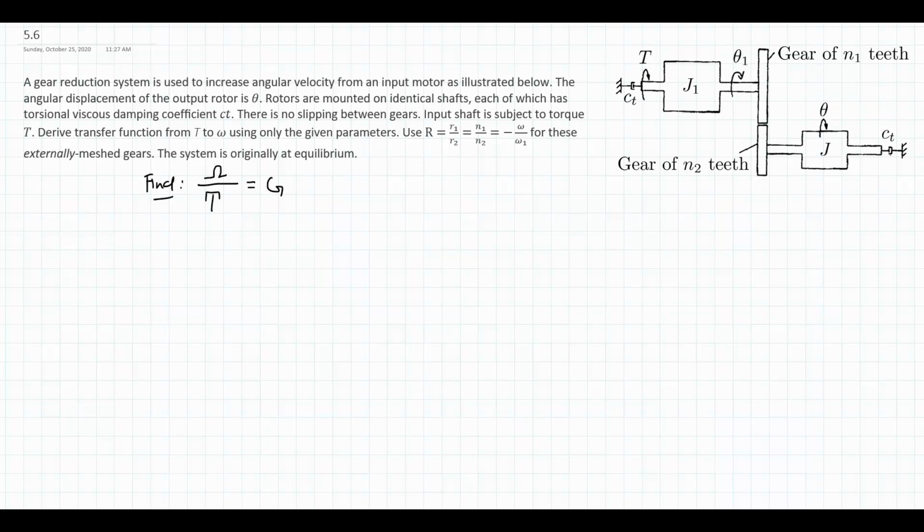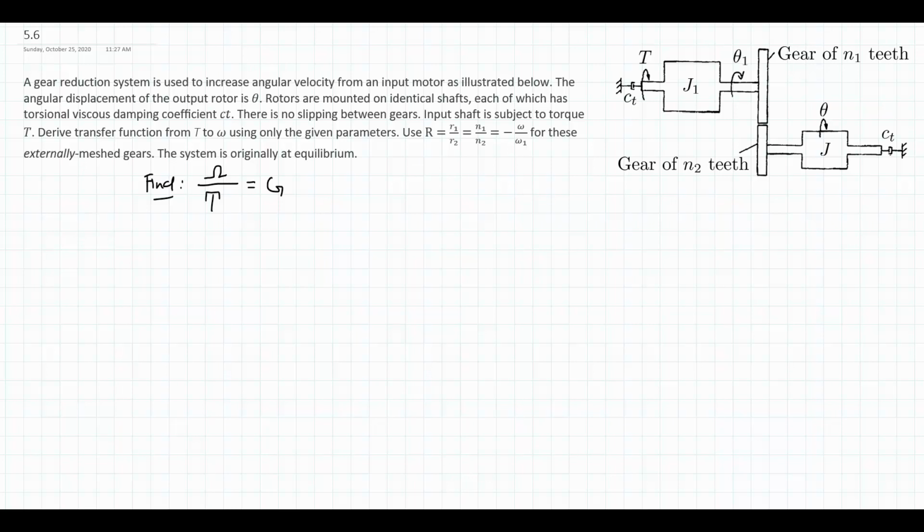So they are properly meshed, and that ratio has to be true. For this external gearing, that gear ratio is going to be negative omega over omega 1, so negative the angular velocity of the bottom rotor divided by the angular velocity of the top rotor. That is coming from machine dynamics for properly meshed gears.